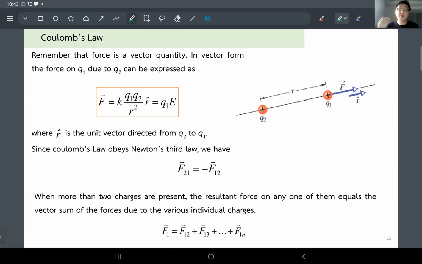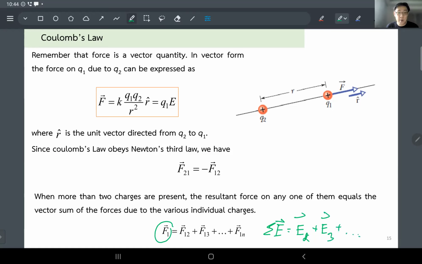So now you have choices to make. You either do the calculation of the force and then do the summation, or you can do the electric field first. Electric field doesn't have any pair, so the net electric field is going to be E2 plus E3 plus E4, on and on.